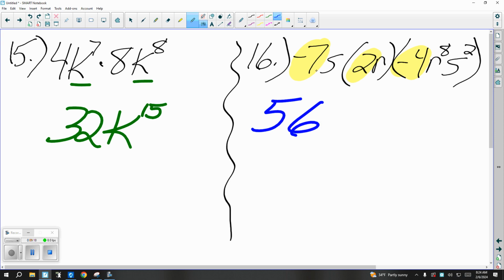Then there's an s here, but there's an s there also. It's s to the 1st and s squared, so that's going to be s to the 3rd. Then there's an r here and an r there, but that r is to the 1st, so that's going to be r to the 9th. But then you got to go back to the alphabet song.